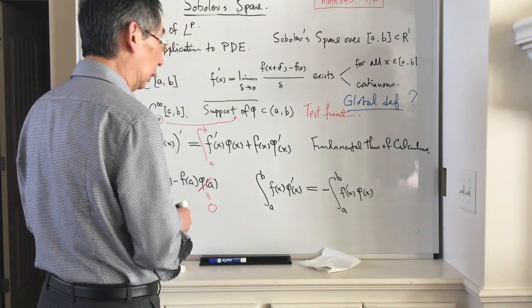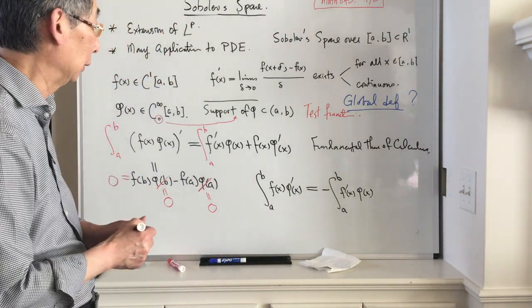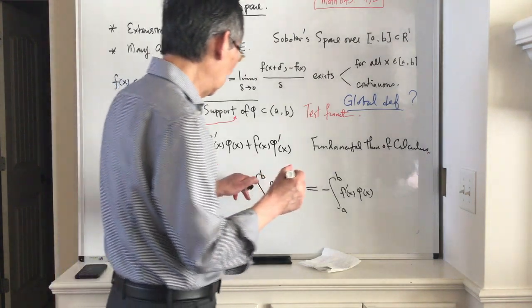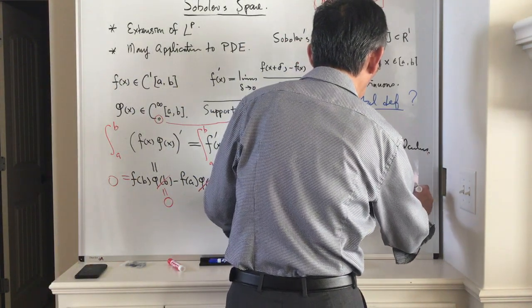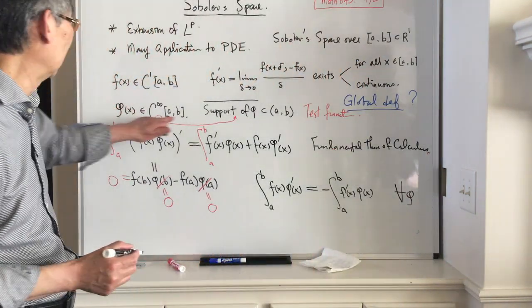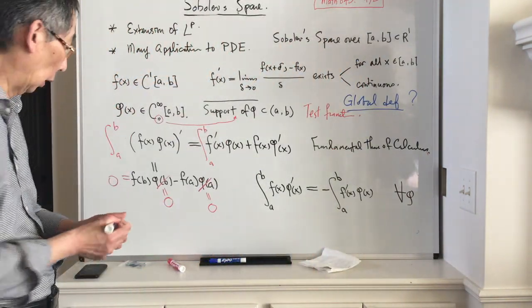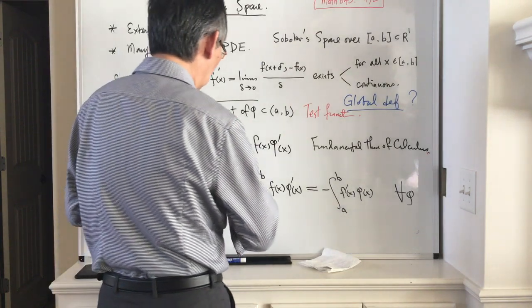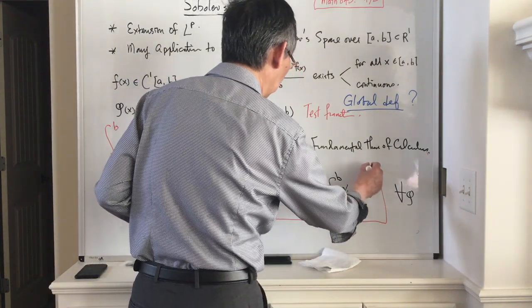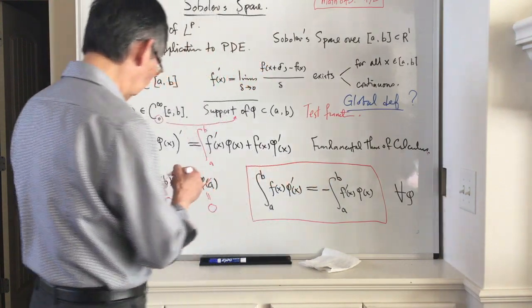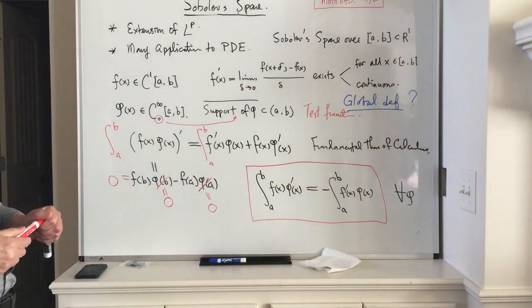Now this thing is important. This is our observation. This can be considered an identity because this is true for every such φ. For every testing function satisfying this condition, this is true. So from here you can see that I can actually give a global definition of the derivative. Now how do you define this globally?